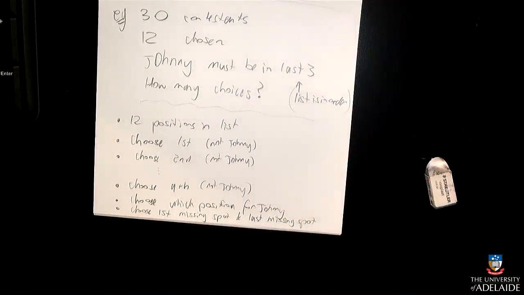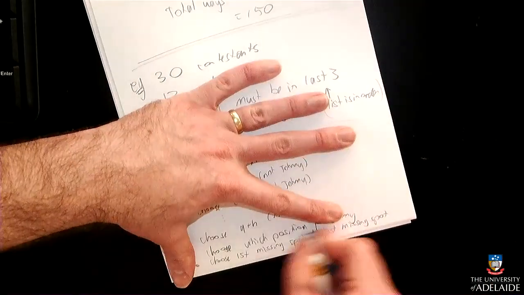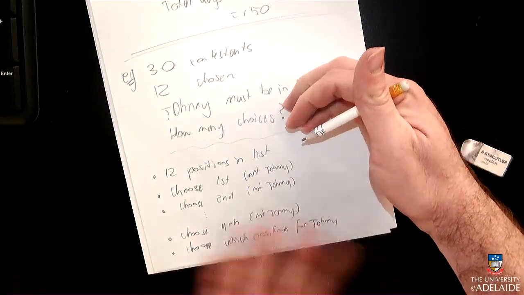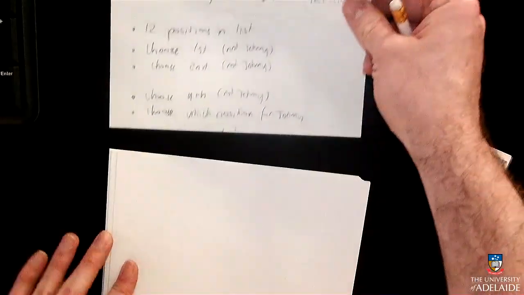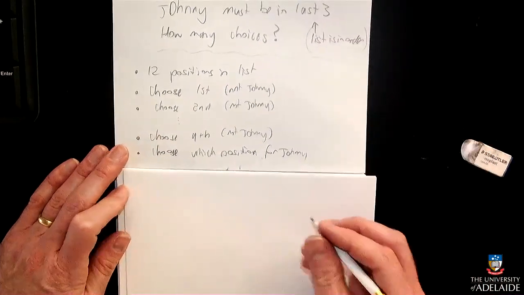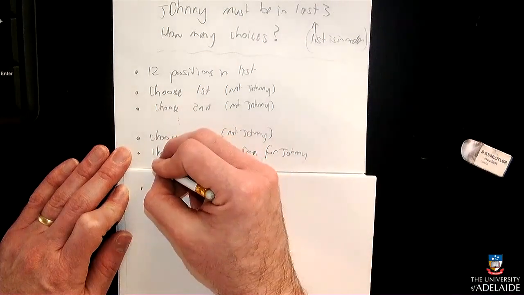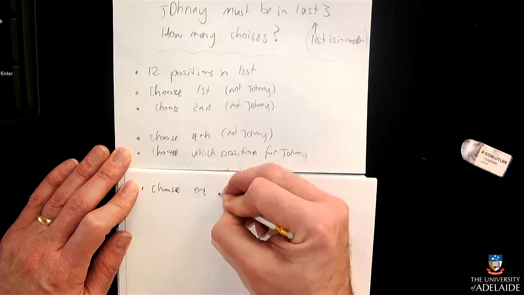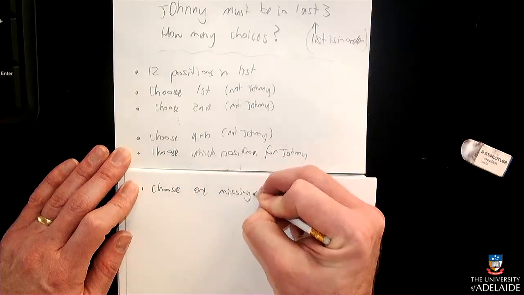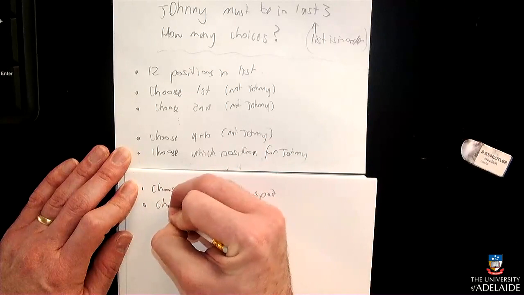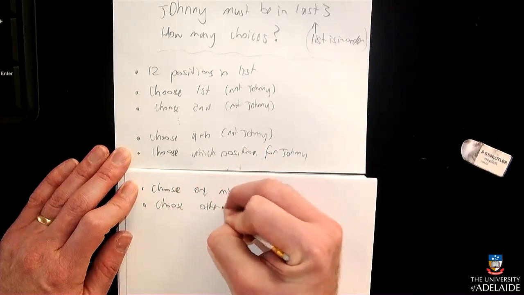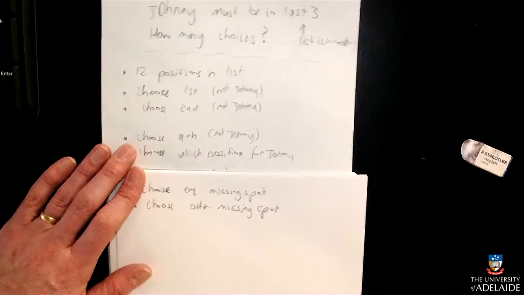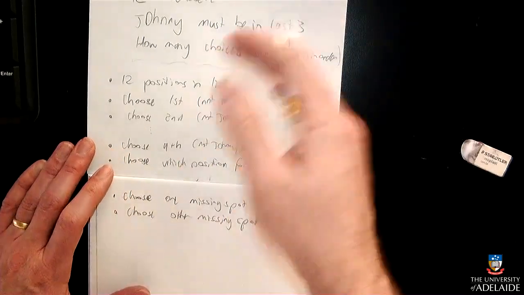Okay, so that's one way of doing it. So for the 12 positions in the list, I really need the space. Sorry, I'll put it on the next page. Okay, so for the 12 positions in the list, we haven't done any counting there, we just set it up.